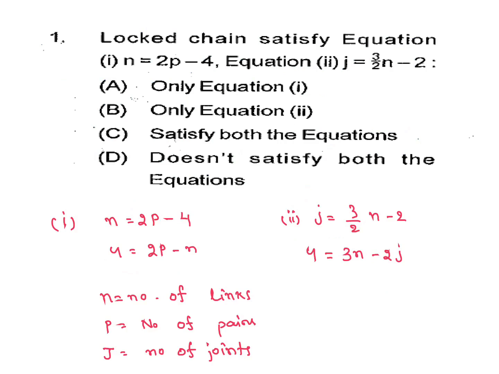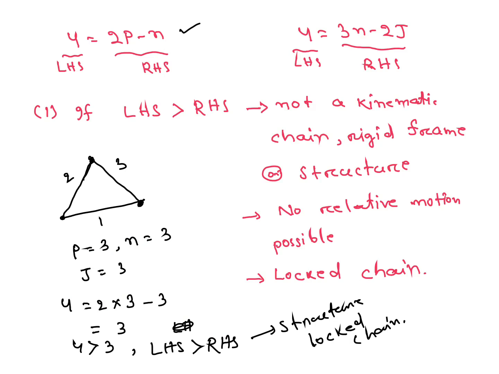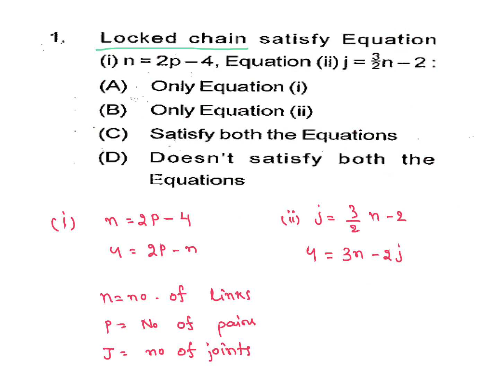In this question they asked for a locked chain. For a locked chain the condition is LHS is greater than RHS. Option A, only equation 1, not possible. B, only equation 2, not possible. C, satisfies both the equations, not possible. D, does not satisfy both the equations, this is possible.